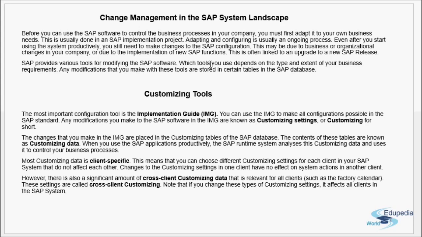In the support and maintenance phase also, you will need to make changes to the SAP configuration. You may want to build some new things in your system, or change the existing software. This is often linked to an upgrade to a new SAP release.